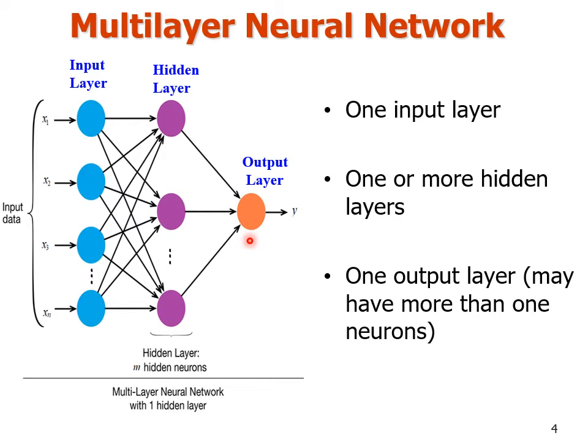There are no edges going in the backward direction, and hence this kind of neural network is known as a feed forward neural network.